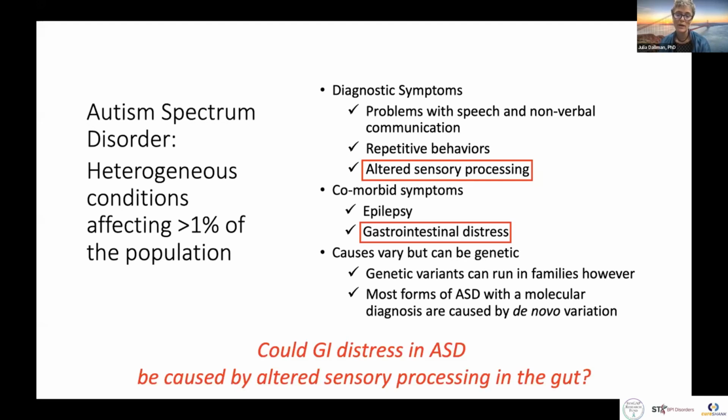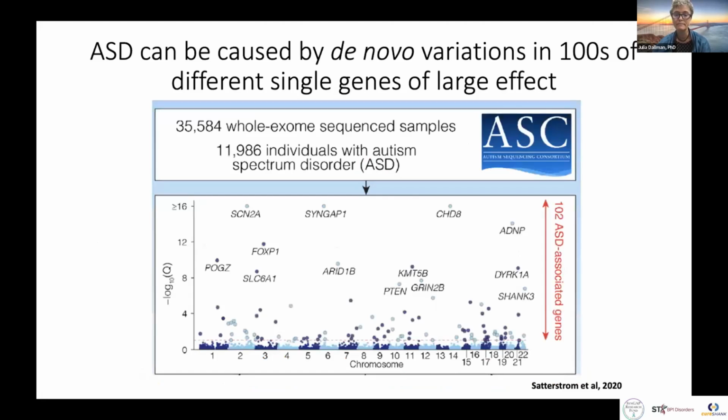And one of the things that I've learned in my foray into this field is that the gut itself is an organ that functions through sensing information, nutrients in the lumen, and producing a behavior, peristaltic movements to aid in digestion. So this idea of sensory processing being an important symptom that has big impact on quality of life, this altered sensory processing could play out in the gut as well.